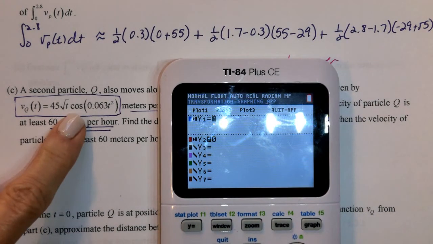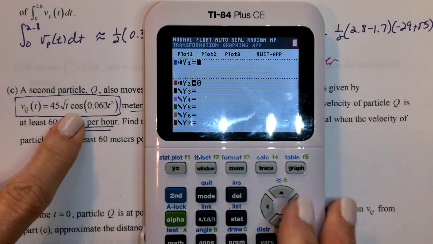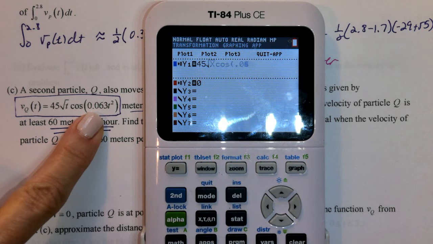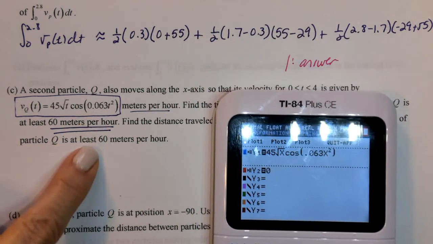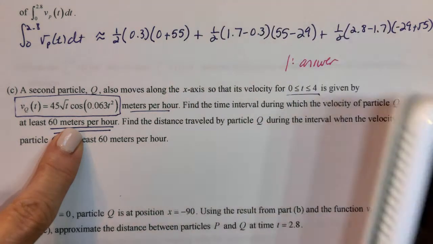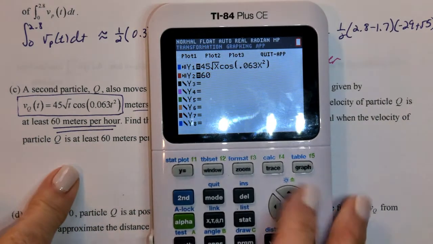So I'm going to put this equation in for y1 carefully. Okay, and we want to see where this is at least 60 miles an hour, so I'm going to put 60 in for y2. And we're given 0 to 4, that's nice.